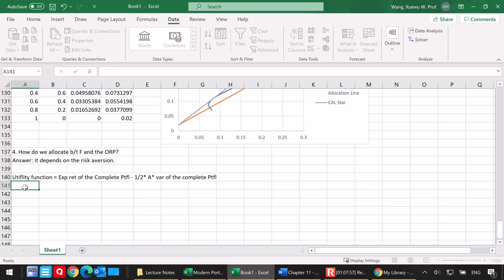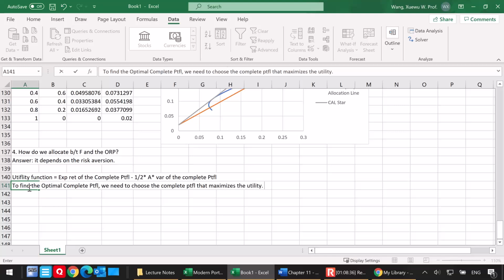Okay, so if you have a complete portfolio, if you have the risk and return profile, if you have the risk aversion coefficient, I can go ahead and calculate the utility function, calculate the utility score. All right, so to find the optimal complete portfolio, we just need to choose the complete portfolio that maximizes the utility.